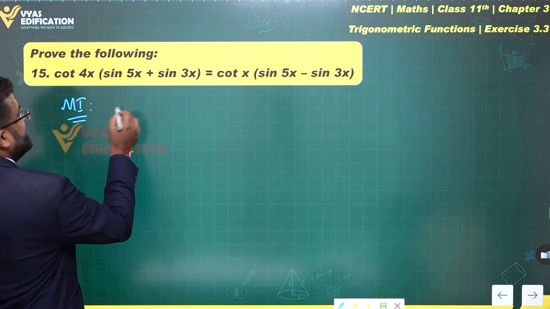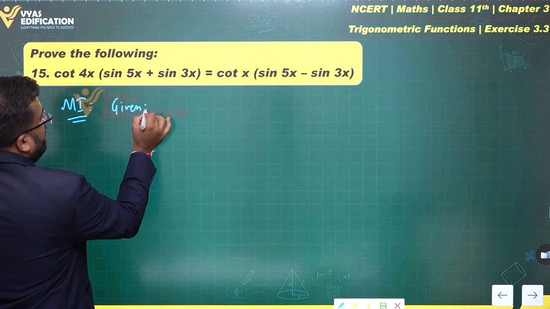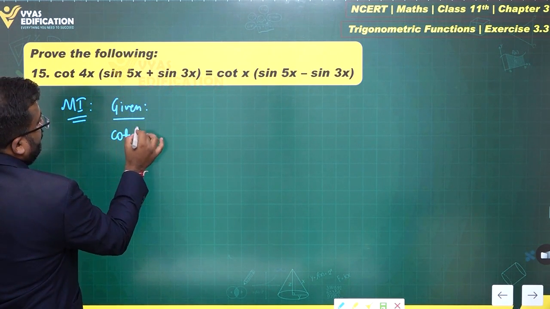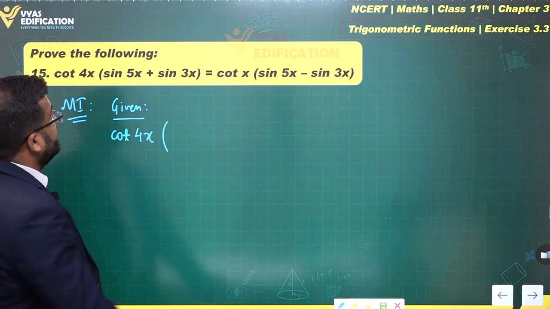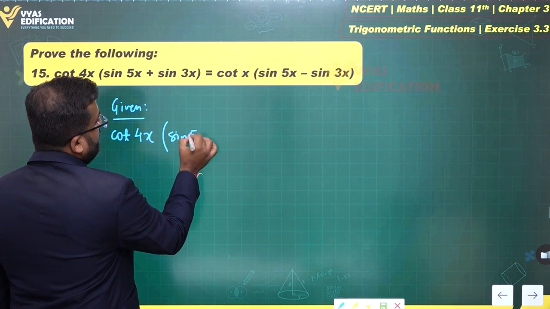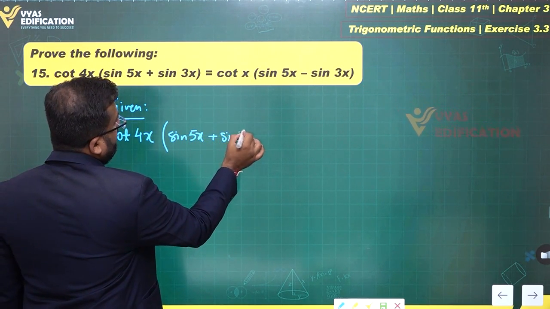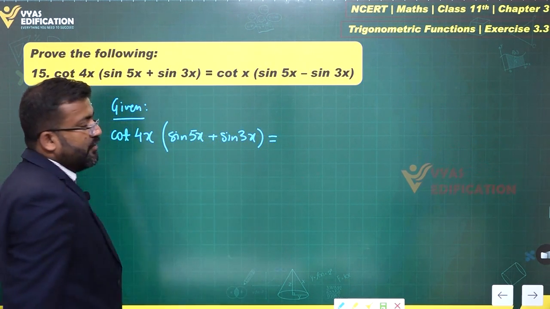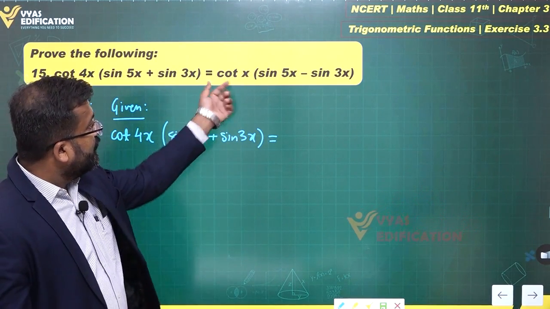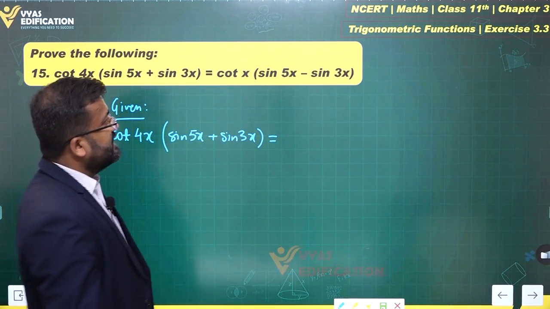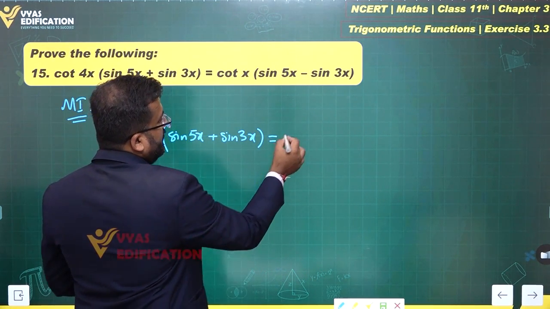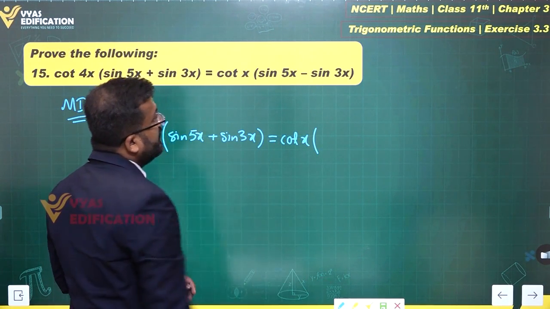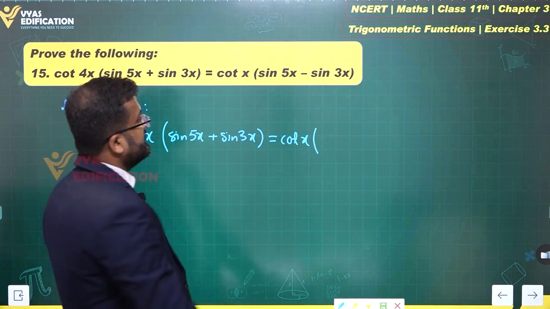What I have is given cot 4x times sine 5x plus sine 3x is equal to what? You have cot x outside and you have sine 5x minus sine 3x on the inside. Cot x, and in the bracket you have sine 5x minus sine 3x.